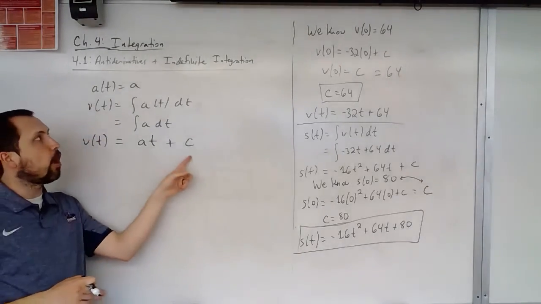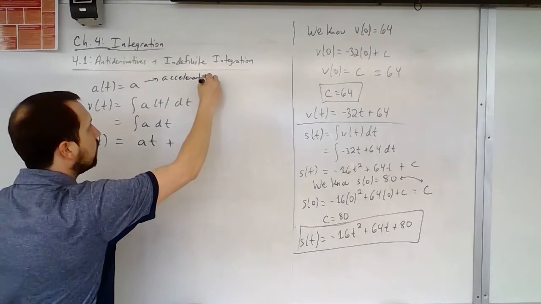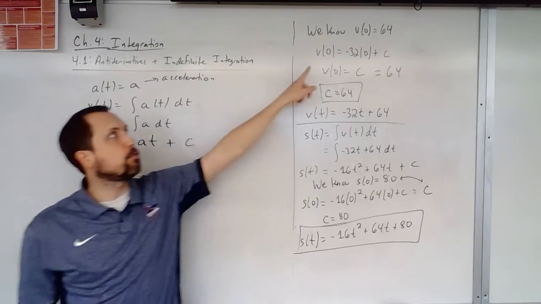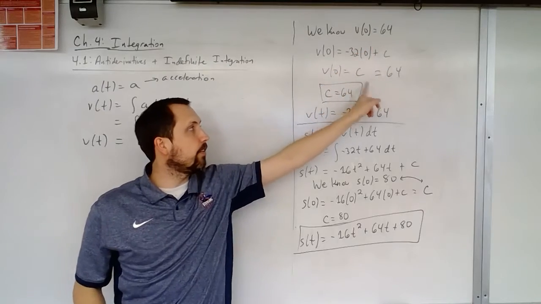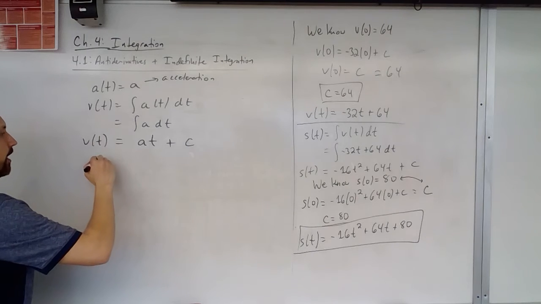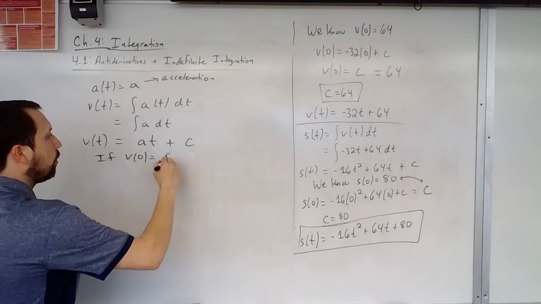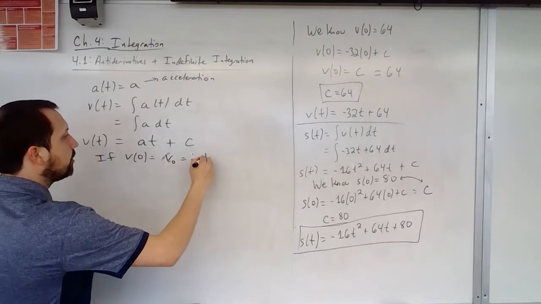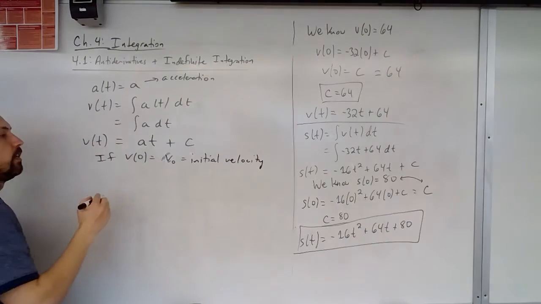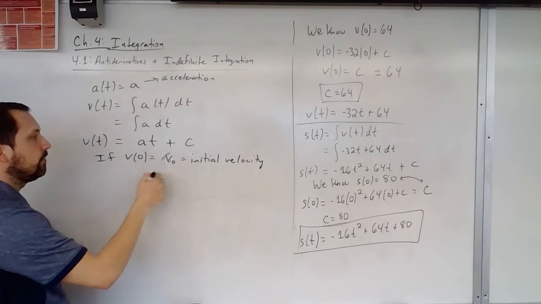So my velocity function is always going to be this. We're saying this is going to be my acceleration. Now this plus a constant, as we saw, if I plug in 0, that same number that appeared there is going to appear as my constant. So if we know that v of 0 is equal to, let's say, v sub 0, which is my initial velocity, this goes to 0, this is equal to v sub 0, so c is going to be equal to v sub 0.